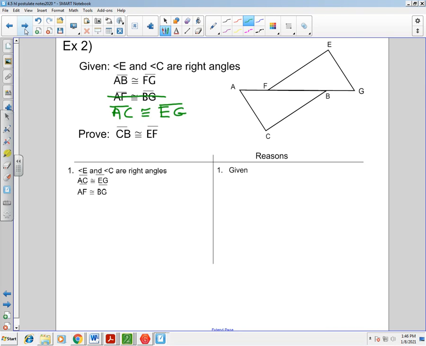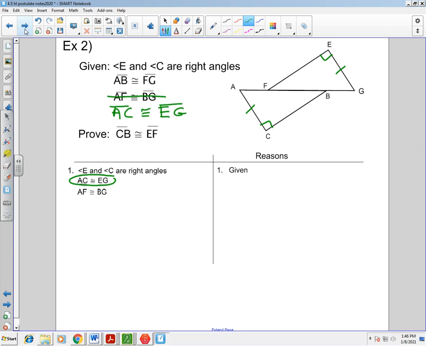So angle E is a right angle, and angle C is a right angle. Then I have AC is congruent to EG. So the tiny mistake I made over there. So AC is congruent to EG.